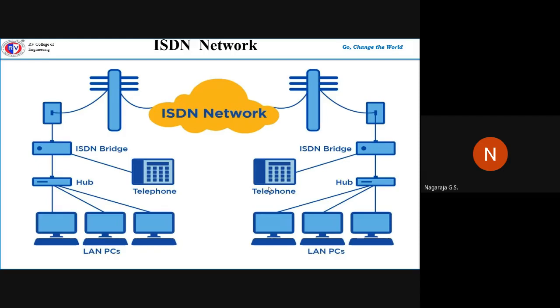Nowadays, you can replace your hub with a switch, and the ISDN bridge with ISDN routers on both sides. Then you may connect your ISDN routers, that is, a bridge from side A to side B, via fiber optic cables. That is how you can design and deploy your ISDN network for data communications.